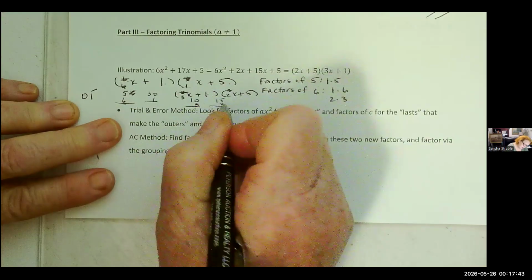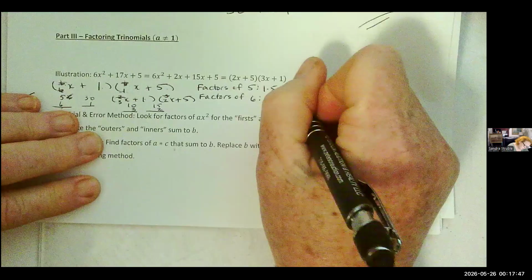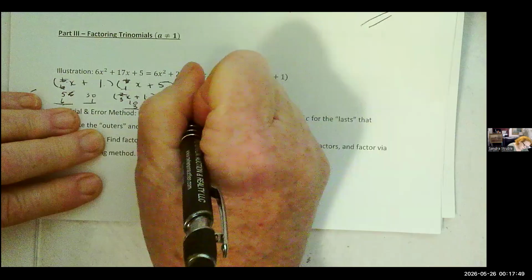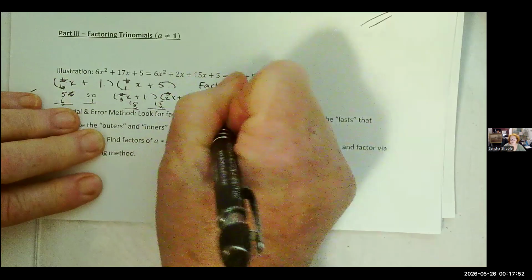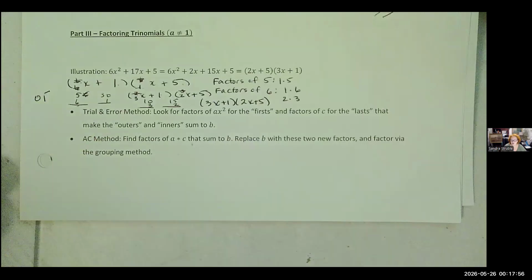Got it. So our answer is 3x plus 1, 2x plus 5. That is the trial and error method. You've got to try all of the factors to see what's going to work. And sometimes, in fact, the majority of the time, C does not just have one factor. That was just the case with this one. We were lucky.